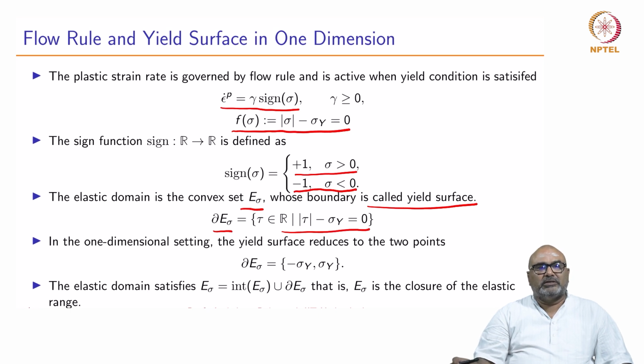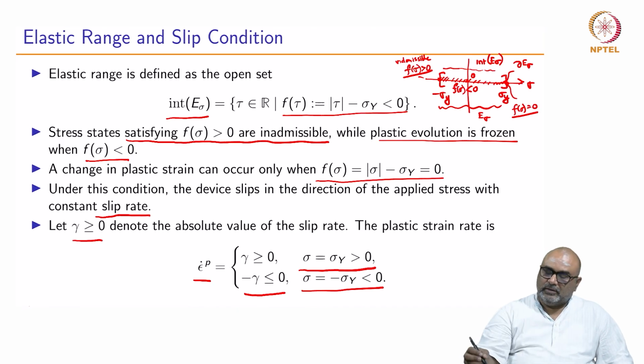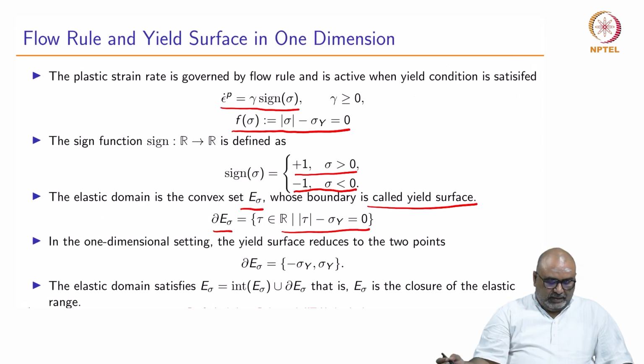In a one dimensional setting, the yield surface reduces to the 2 points that we have said. So, this is going to be your boundary of E of sigma. Similarly, this is also boundary of E of sigma, denoted by minus sigma y and plus sigma y. The elastic domain satisfies: E of sigma is the interior of E of sigma including the boundaries of that elastic domain, and E of sigma is the closure of the elastic range.